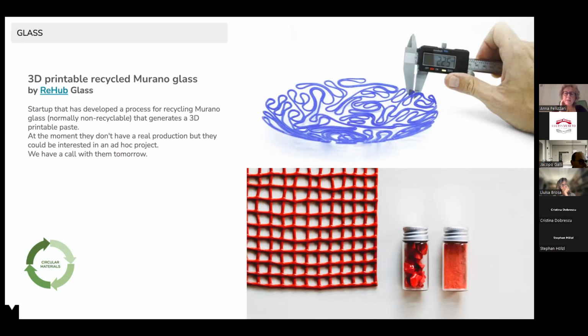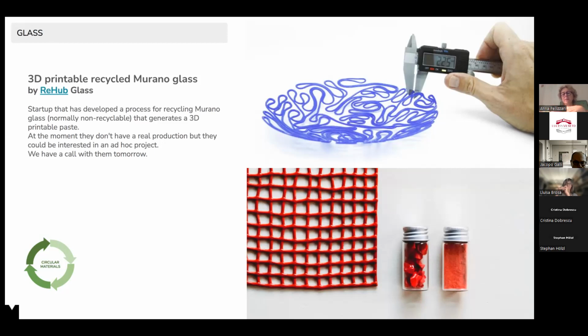So this company, actually a designer, has developed a way to grind these glass scraps, making a paste that can be 3D printed and so reused.